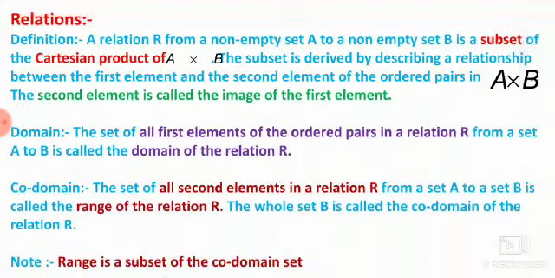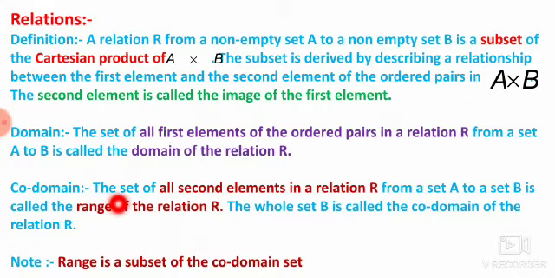By using this definition, we are going to define the domain of the relation, codomain of the relation, and range of the relation. What do you mean by domain? The set of all first elements of the ordered pairs in a relation R from a set A to B is called the domain of the relation R, and it is denoted by D of R also.